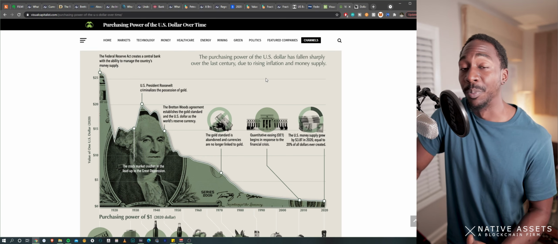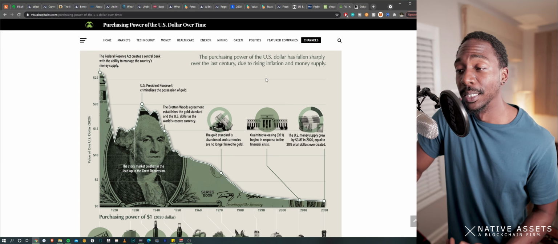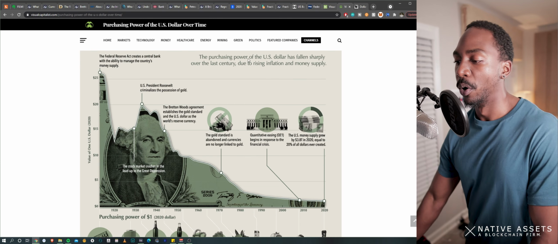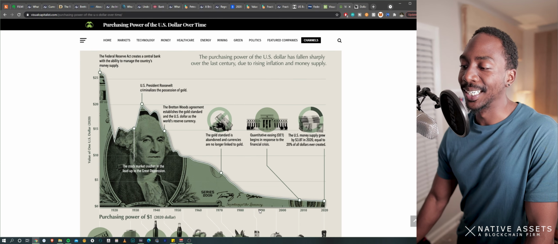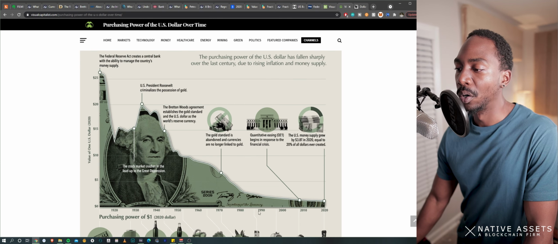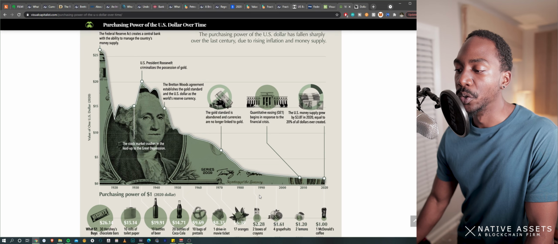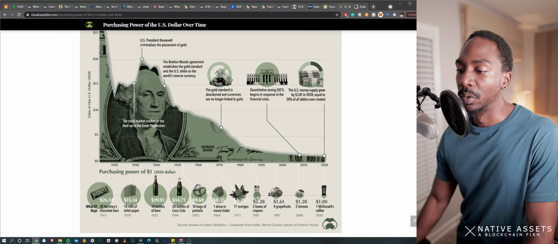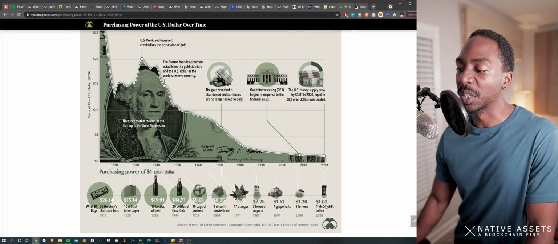So a lot of people who've been stacking up, saving money for retirement, right? Well, if you've been saving money for 30 years, if we were to go back to 1990, 30 years ago, where the purchasing power was closer to maybe $2.50, and now, it's far closer. So in 87, this is what $1 could do for you, and then we see what it does for you now.